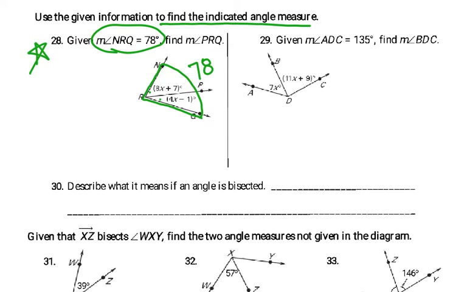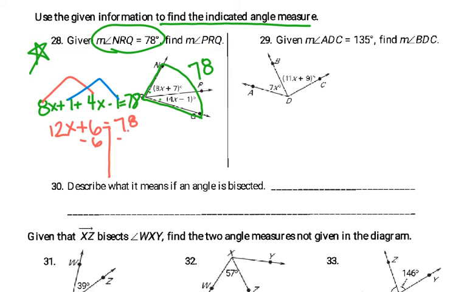So we will add 8x plus 7 plus 4x minus 1 and equal that to 78 degrees. Adding the two x's, we get 12x. Adding the two numbers, we get 6.